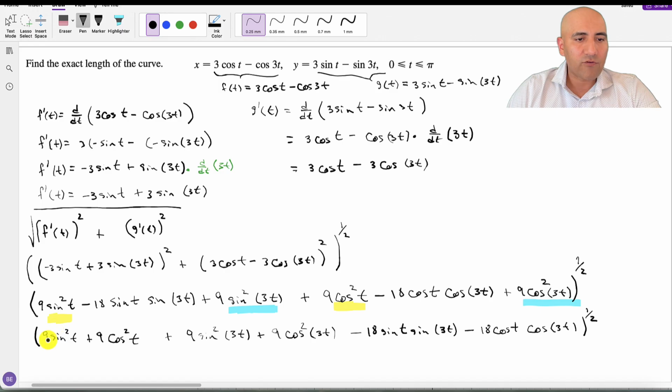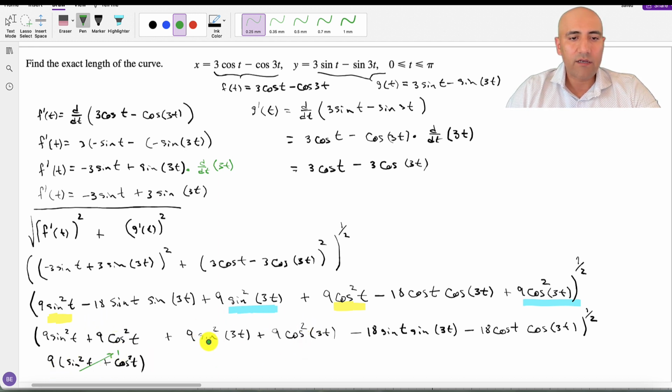And now I'm going to factor out a 9, and we get 9 times sine squared t plus cosine squared t, once we factor out this 9. And I know that sine squared t plus cosine squared t becomes 1. So this whole term is just going to become 9.